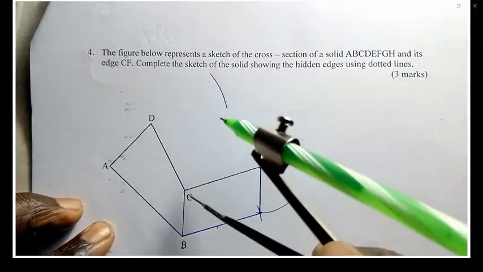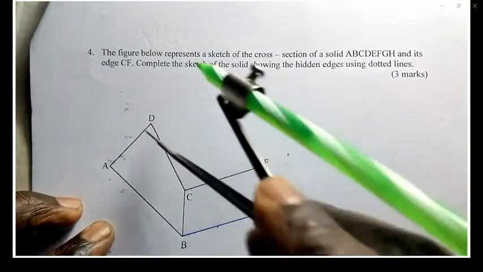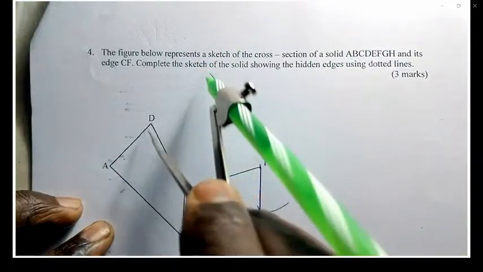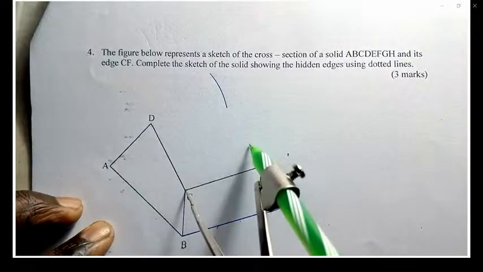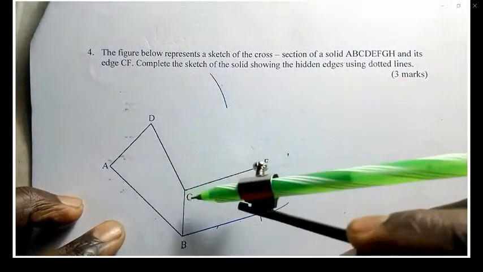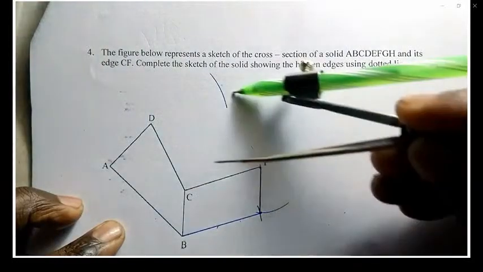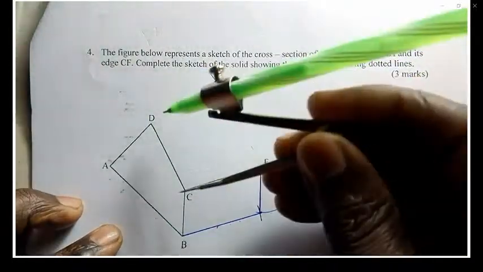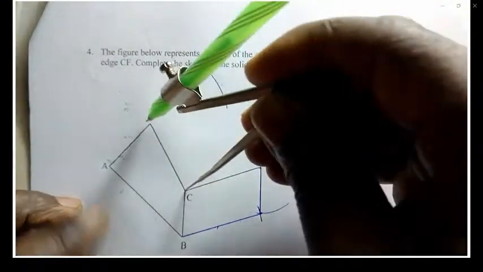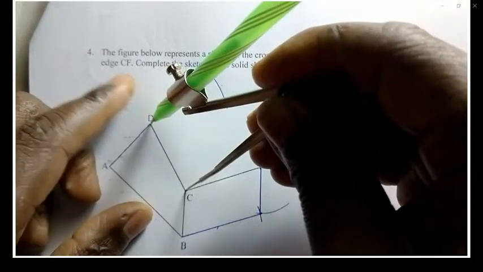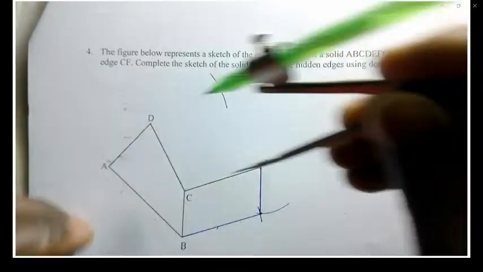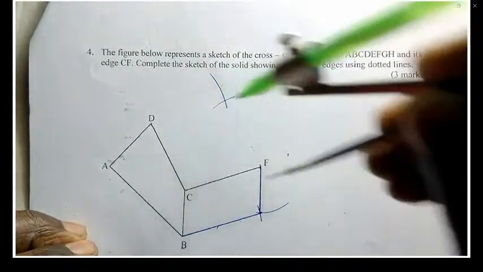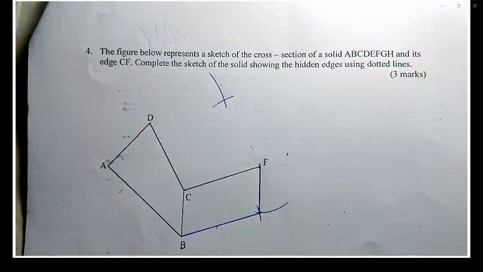Lakini pia tunajua hii na CF pia itatoshana na hiyo. Lakini pia CD na FD lazima itoshane. Kwa hivyo simama hapa. Rudisha hapa hivi and then simama pale. Mark. Sawa? Kwa hivyo unganisha sasa.